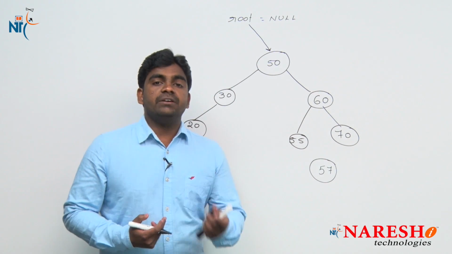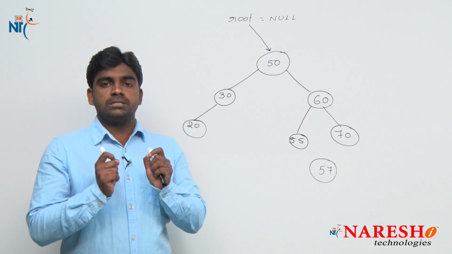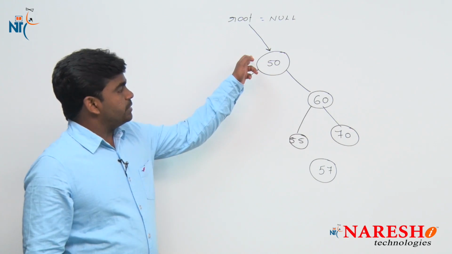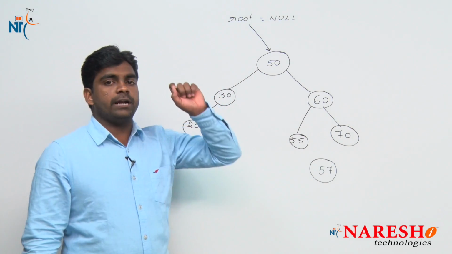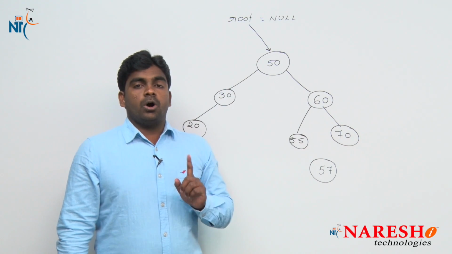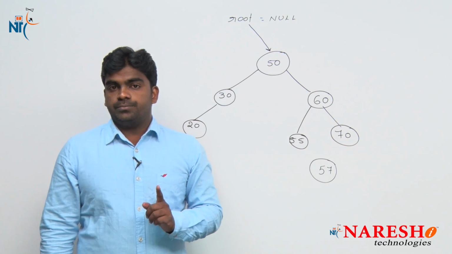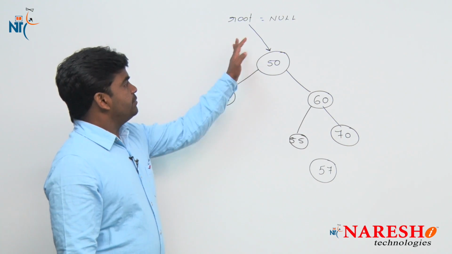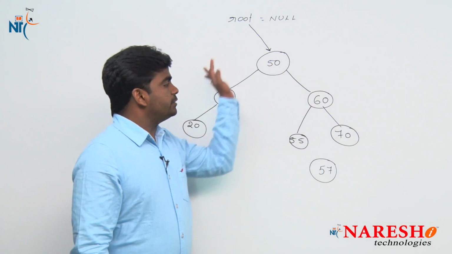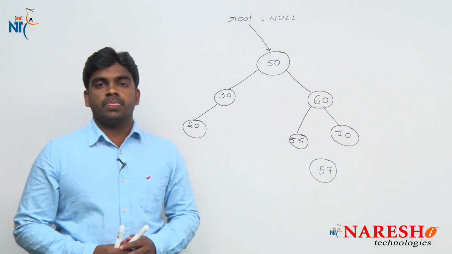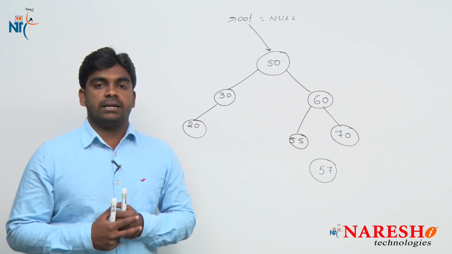The node is ready, but where do we have to connect it? We need to start searching from the first node. If root is pointing to null, then what you have created is the first node. But if the tree already has some nodes, then where do we connect?